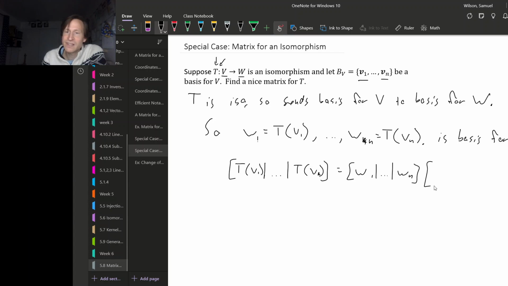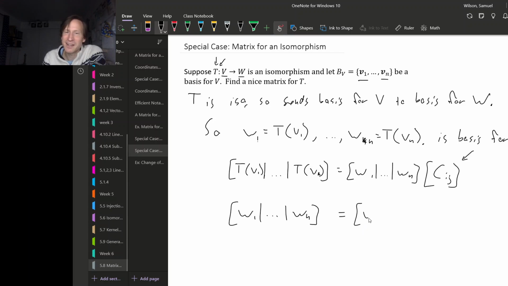Right? The matrix that represents this transformation relative to these bases is whatever matrix of coefficients turns the W's into the images of the V's. But the way that we have our basis set up, the images of the V's are the W's. So this is just W1 through Wn over here.